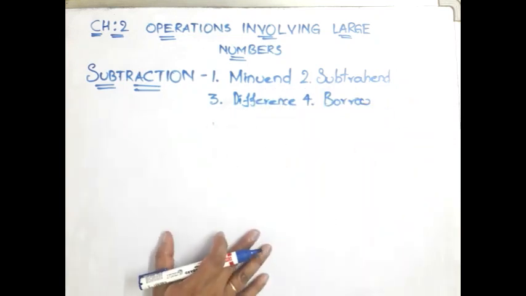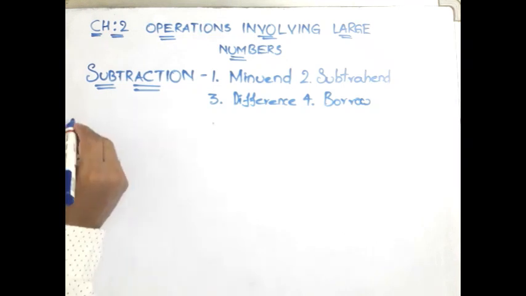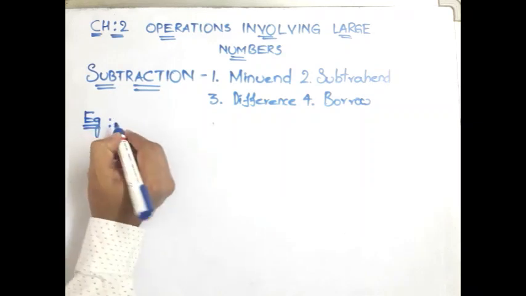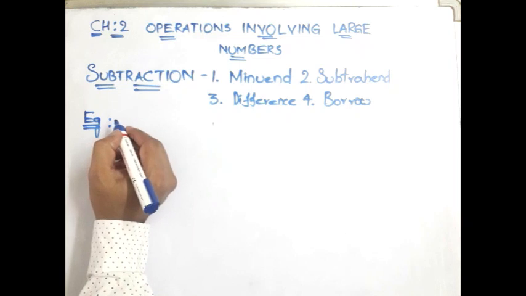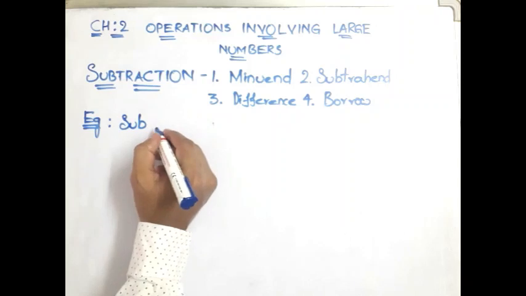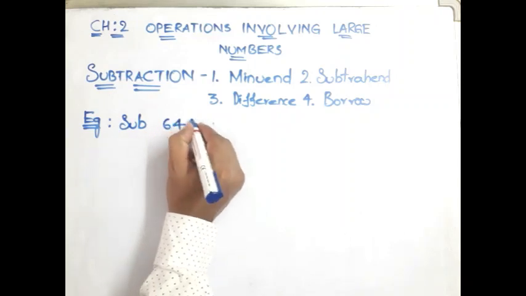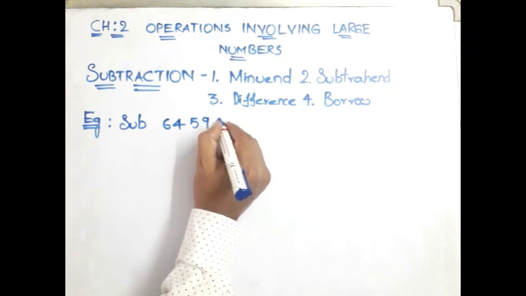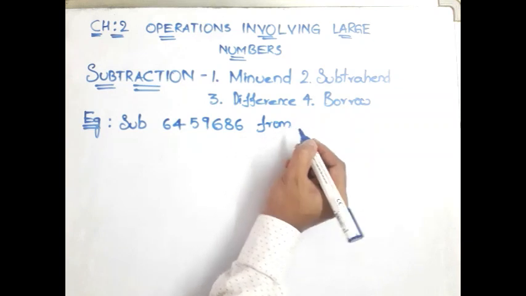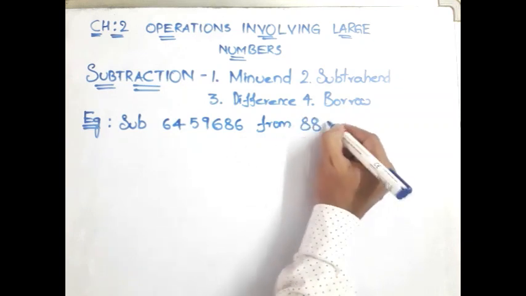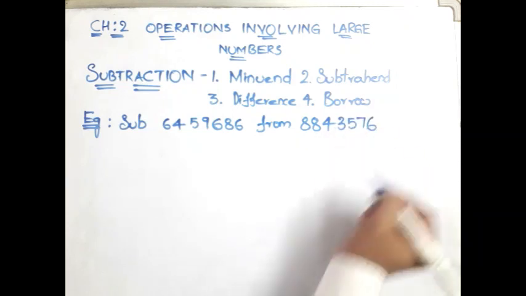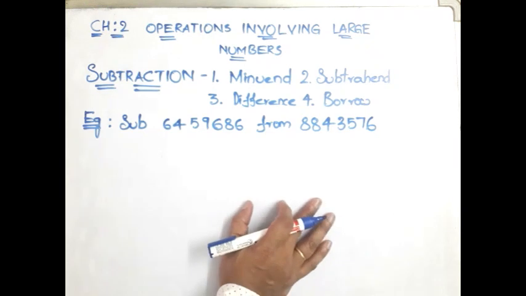To understand this, again I am just going to give an example. Just look at the board carefully. I am repeating again. No need to copy anything from this into your CW. Subtract, as you know, sub is the short form for subtraction, 64,59,686 from 88,43,576.